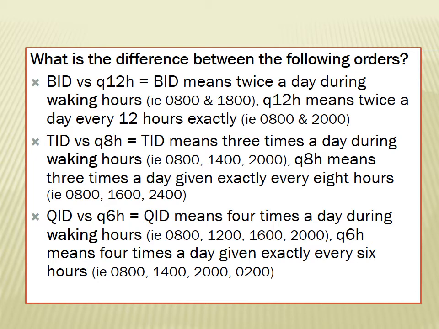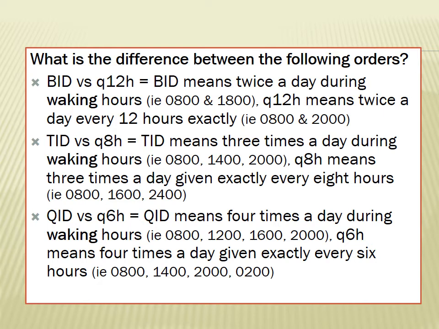Whereas Q8H means given 3 times a day, given exactly every 8 hours. So if the medication were given at 8 o'clock in the morning, it would be given again 8 hours exactly later at 1600 hours, 4 o'clock in the afternoon, and again exactly 8 hours after that at 2400 hours, which is midnight.